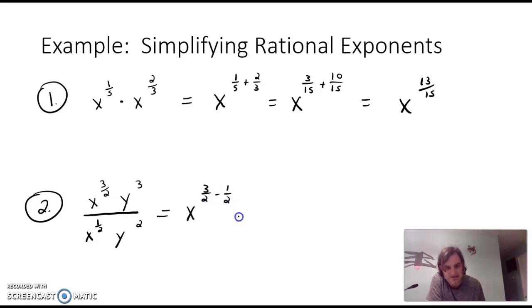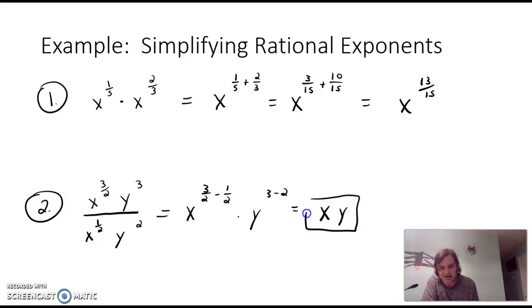I guess I made this one pretty easy for me. And then y to the 3 minus 2. If I clean that up, 3/2 minus 1/2 is 1, so x to the 1st. And 3 minus 2 is 1, so just y. So there's one that had a bunch of exponents and roots hidden in it with a fraction, and it simplified down to just x times y.